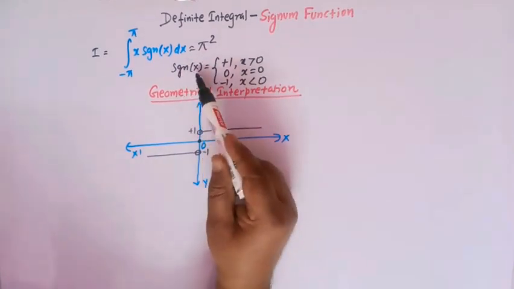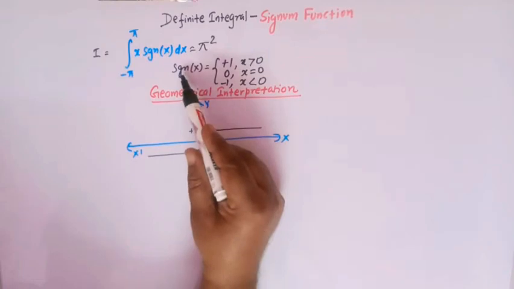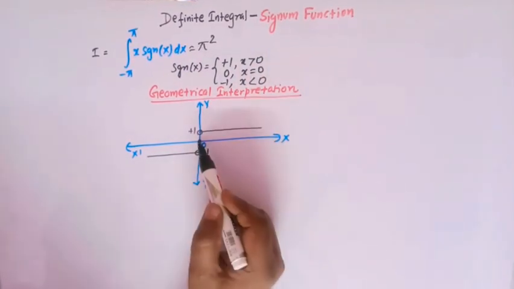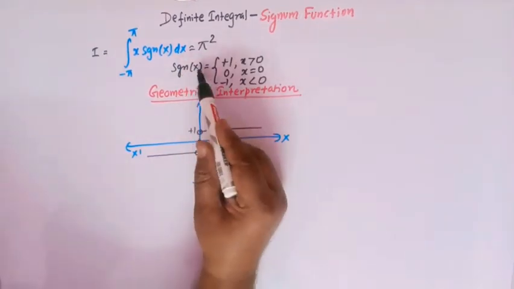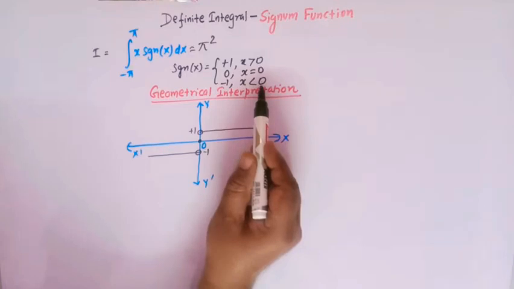Signum of x is equal to plus 1 whenever x is greater than 0, signum of x is 0 whenever x is equal to 0, and signum of x is equal to minus 1 whenever x is less than 0.